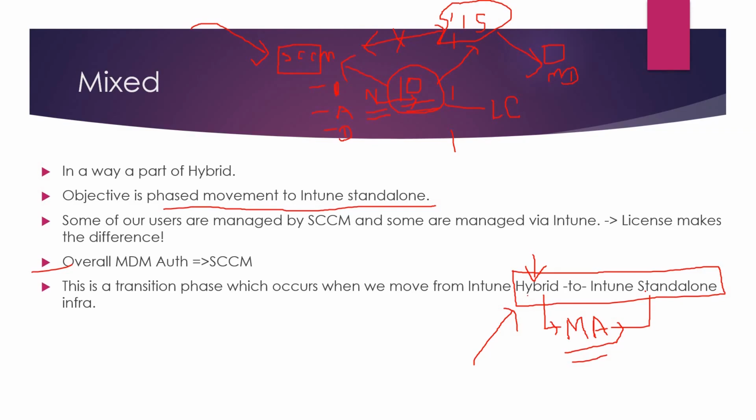So this was referred to as mixed. And when we were in the mixed scenario, we had to run the importer tool and move some policies. Once everything was moved from SCCM to Intune, then we could change the MDM authority overall of the tenant. Okay, so right now we have talked about two scenarios wherein SCCM and Intune were involved.